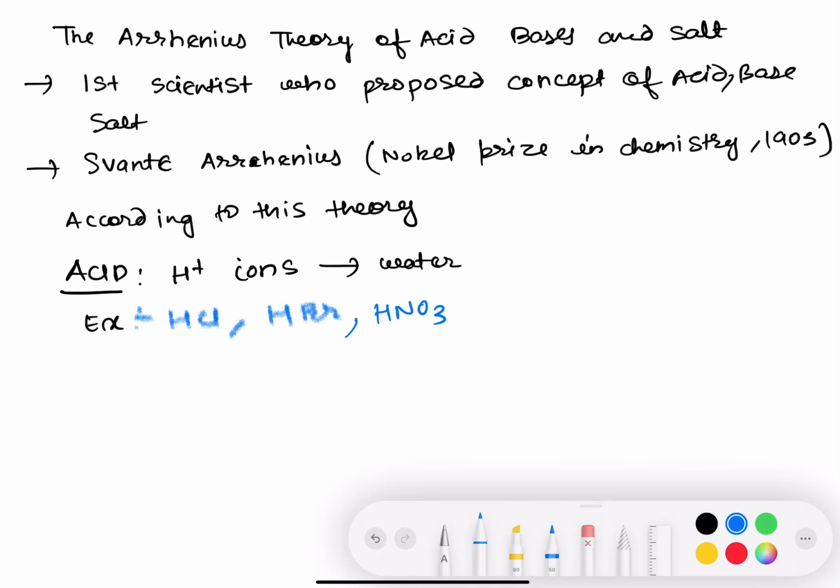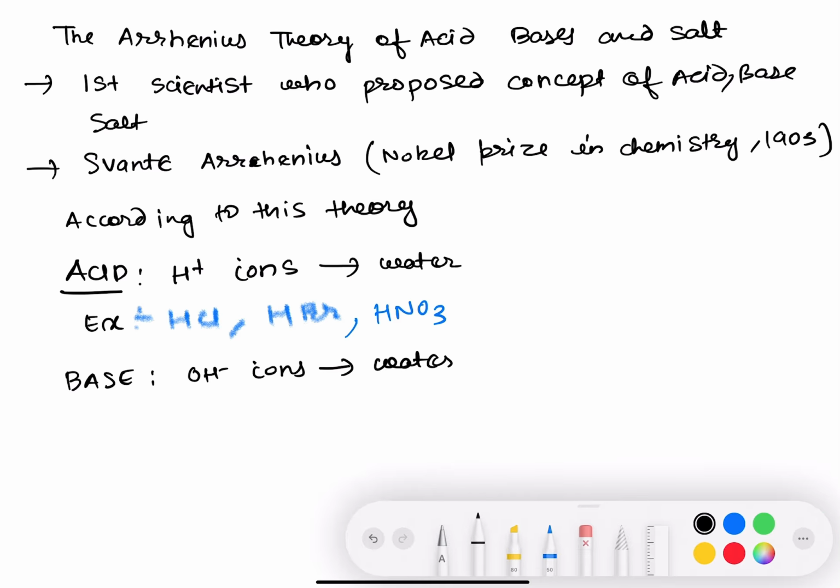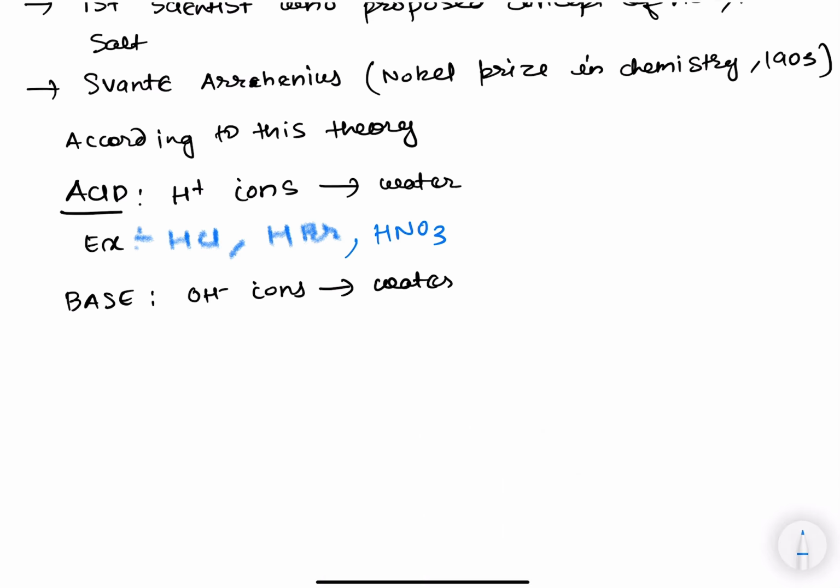Now coming to what are bases. So bases are those substances which release OH minus ions in water. Okay, so examples are NaOH, KOH, calcium hydroxide, all are bases.